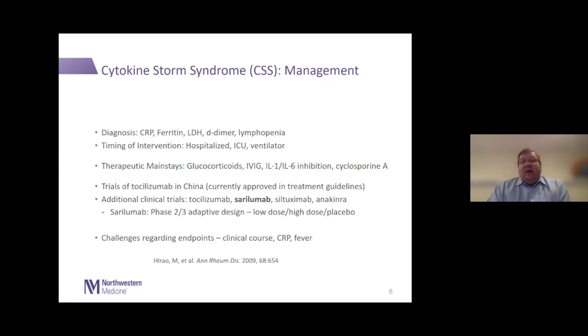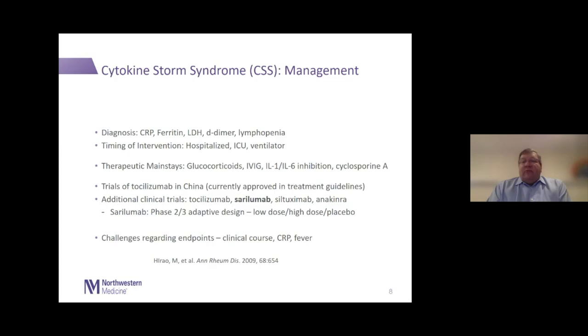Diagnosis can be attempted with a number of lab abnormalities, in particular elevated CRP, elevated ferritin, although the ferritin levels seen with the COVID-19 infection don't seem to be the same sort of dramatic increases seen in some of the other syndromes in this spectrum. Elevations in LDH, D-dimer, we've talked about at previous grand rounds, and cytopenias.